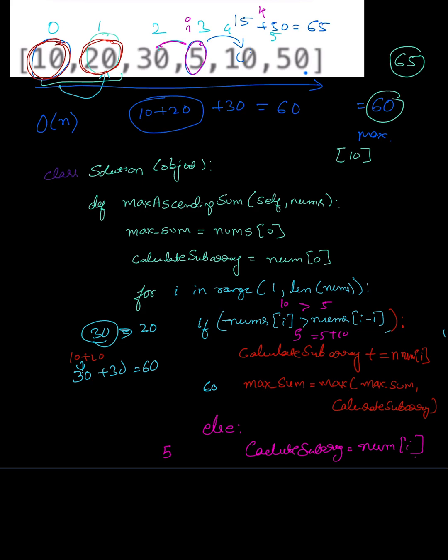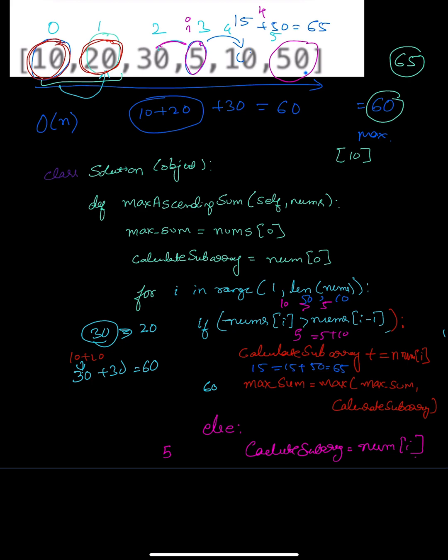And again, in the next iteration, 50 is greater than 10, so 50 will be added to this one. We have 15, and adding 15 plus 50 is going to be 65.